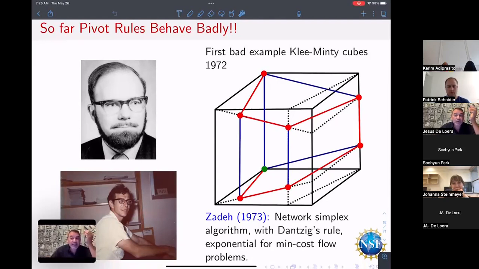That's essentially just a network flow problem, where the Danzig pivot rule takes exponentially many steps to compute a min cost flow problem. So this is essentially graph theory now. There's almost no complexity in the coordinates anymore. This is a totally unimodular system, so this linear program is one of the nicest possible linear programs ever, in terms of the coordinates, but nevertheless, there's bad behavior.